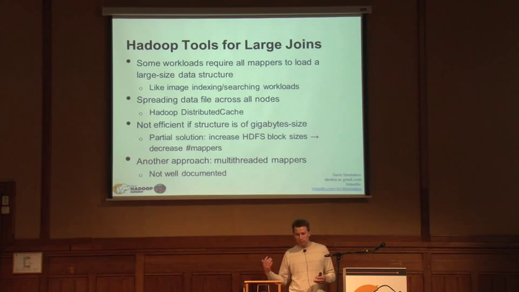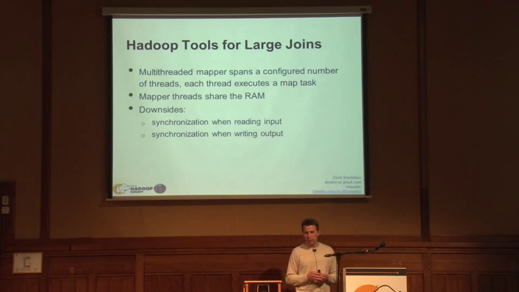Also, we use a feature provided by the standard distribution, called multithreaded mappers. It works essentially by spawning a predefined number of threads, and each thread executes a map task. Right, so for our workload, it was exactly what we needed.